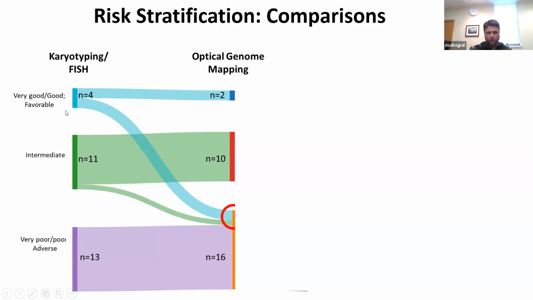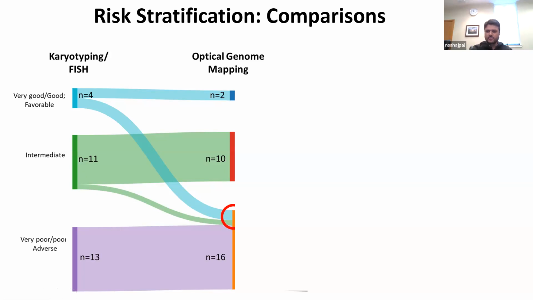But when I talk about these cases, I'll specifically mention which are MDS and which are AML. So what you can see here is that two of the MDS cases, which were very good with IPSS-R, were changed to very poor with optical genome mapping, and one AML case, which was stratified as intermediate risk, was reclassified as adverse with optical genome mapping.